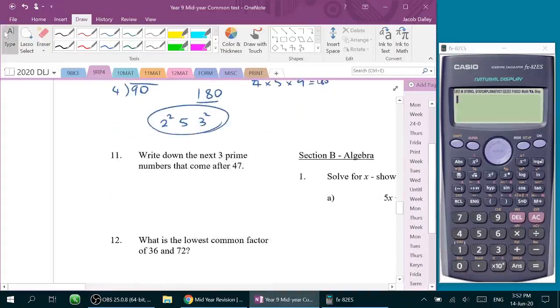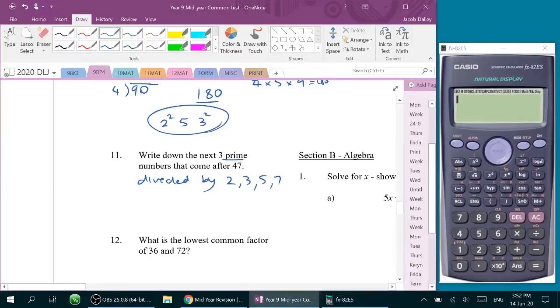Alright, write down the next 3 prime numbers that come after 47. So, with prime numbers, they are numbers that cannot be divided by 2, 3, 5, or 7, because those are the first 4 primes. Eventually, when you get into the hundreds, you have to check 11 and 13 as well.